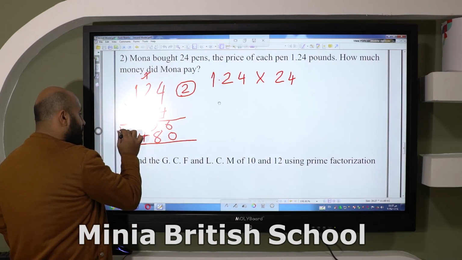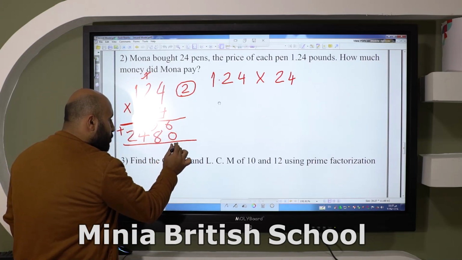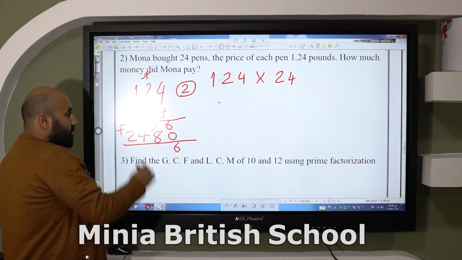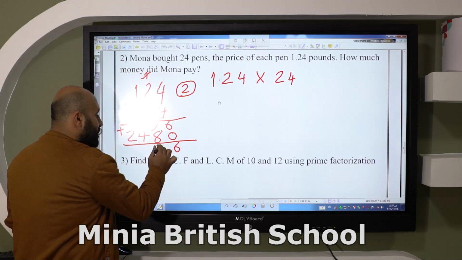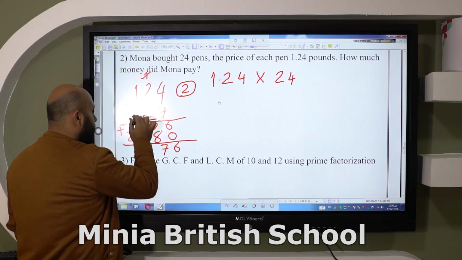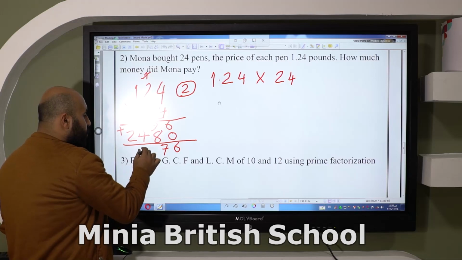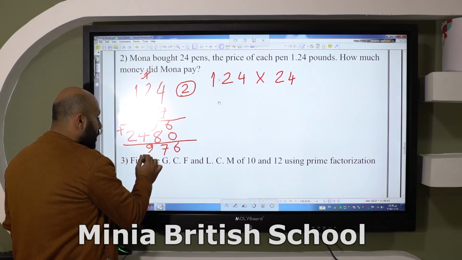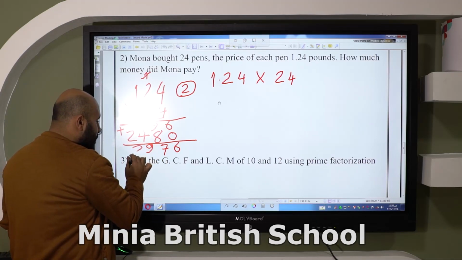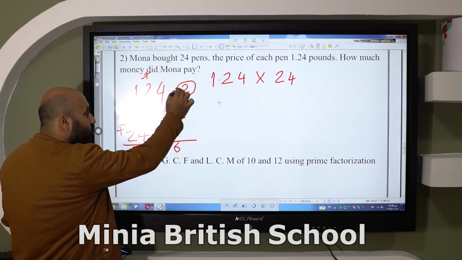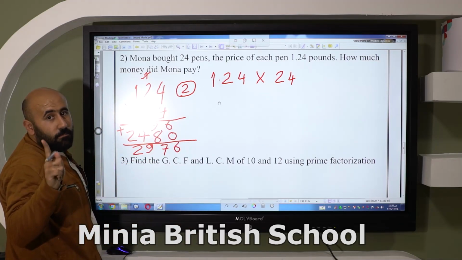Then addition. 6 plus 0 equals 6. 9 plus 8 equals 17. 7, carry 1. 1 plus 4 equals 5. 5 plus 4 equals 9. And the 2 I will put as it is. And don't forget the place of the decimal point.